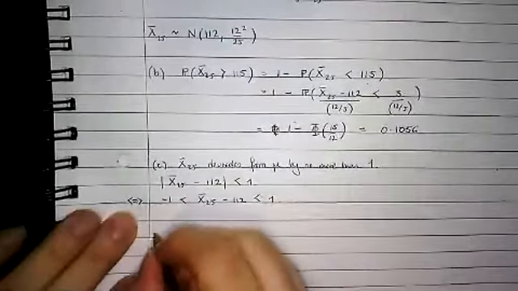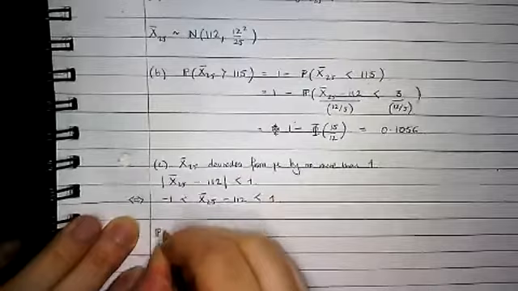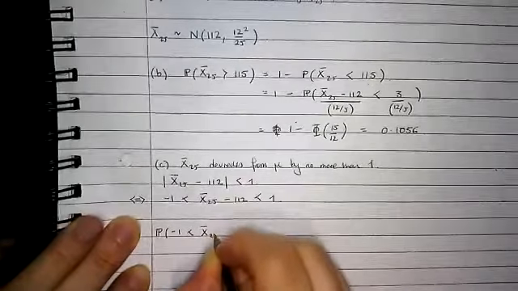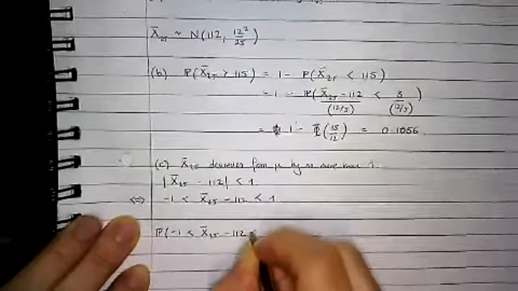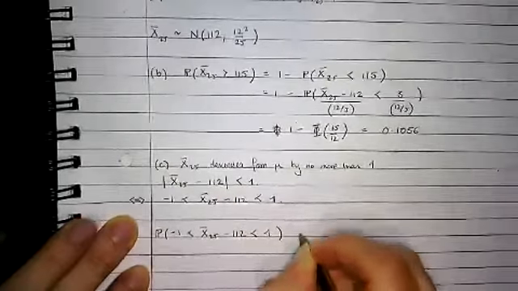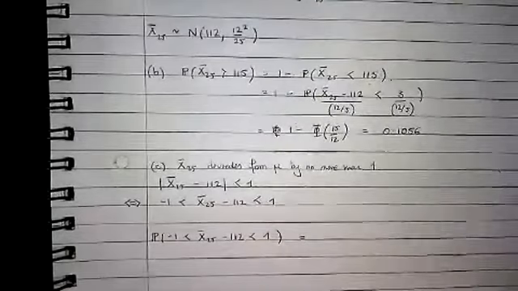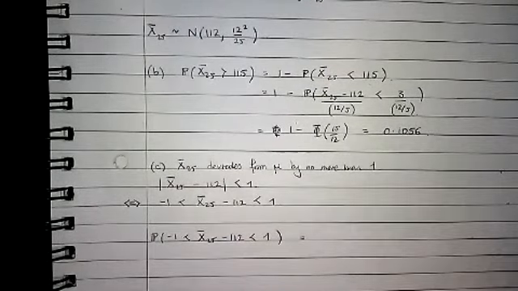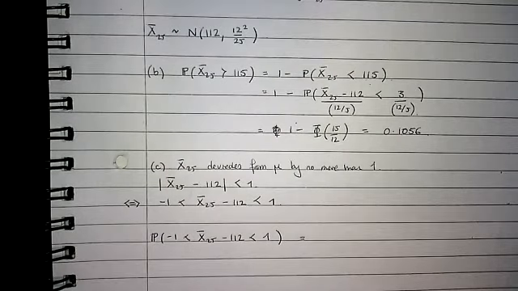So if we write -1 less than x bar 25 minus 2 less than 1, can you write that in terms of the CDF of the normal distribution with parameters 0 and 1? You might have to do more than one step to get there. I'm going to give you a couple of minutes to give it a try.